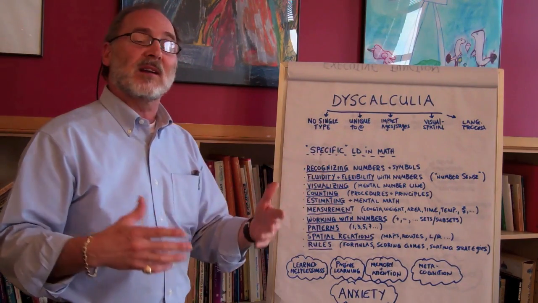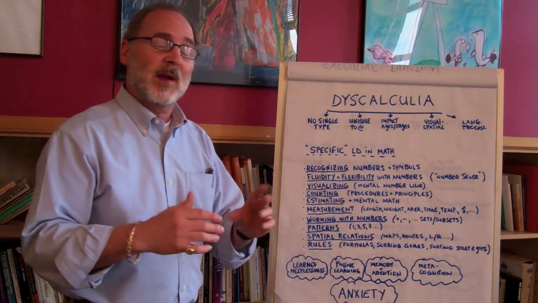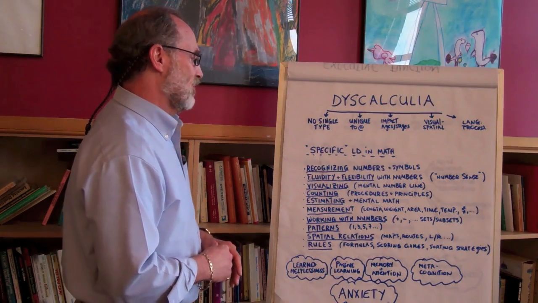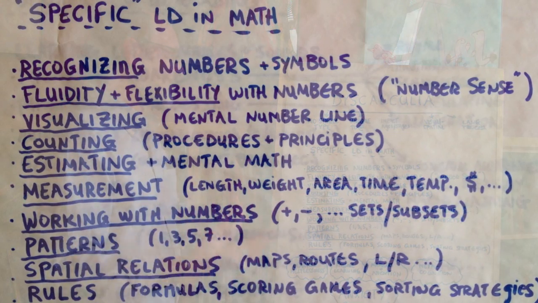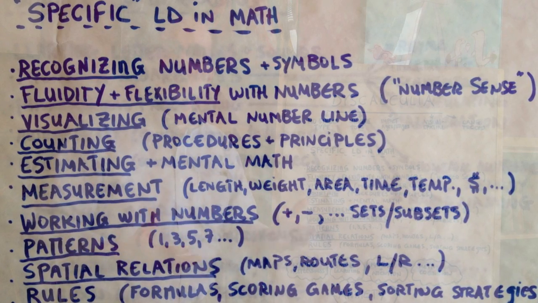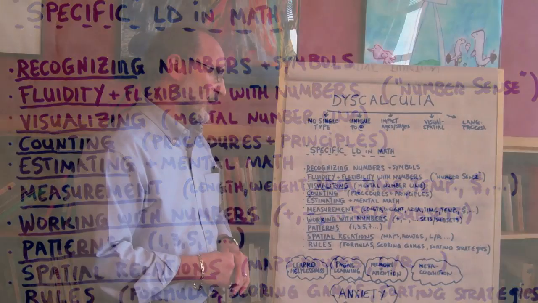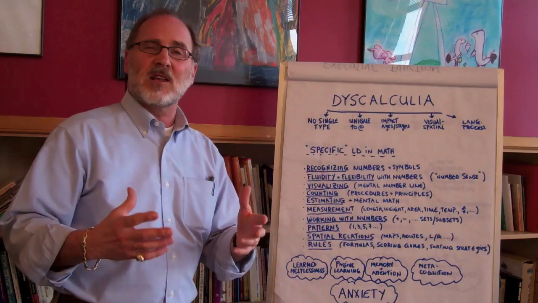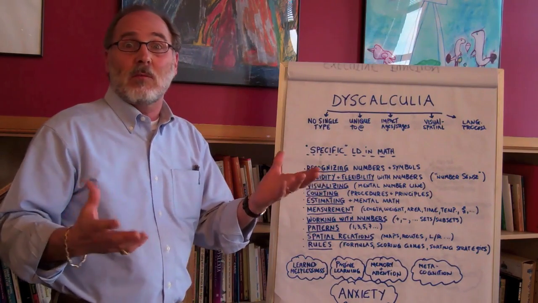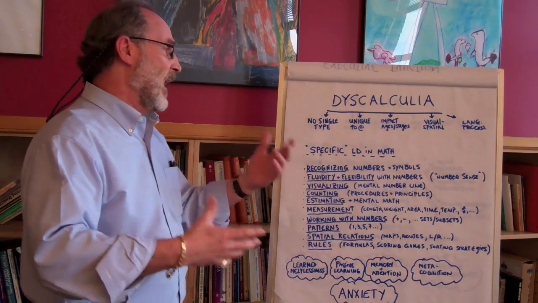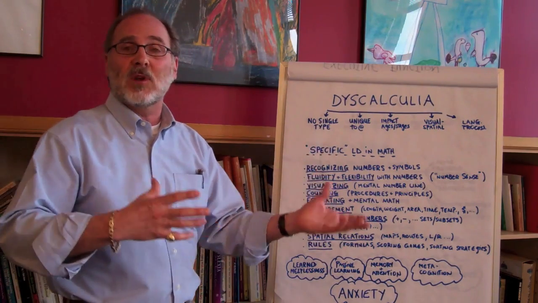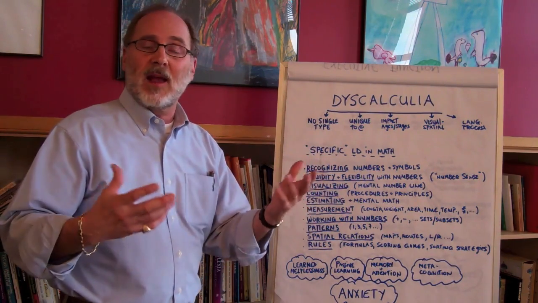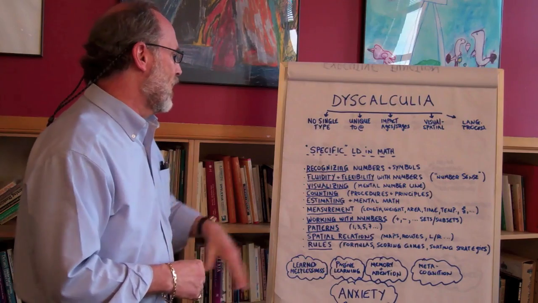Recognizing numbers and recognizing symbols in the math domain are things that children with dyscalculia present with. There's a fluidity and flexibility with numbers that also presents in these children. Think about it as a number sense. They have a sense as to how numbers work, what they do, and there's an ease with which they move in the math, counting, what do numbers mean, how do we work with numbers domain.